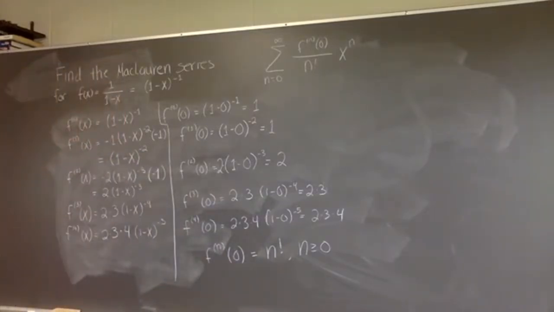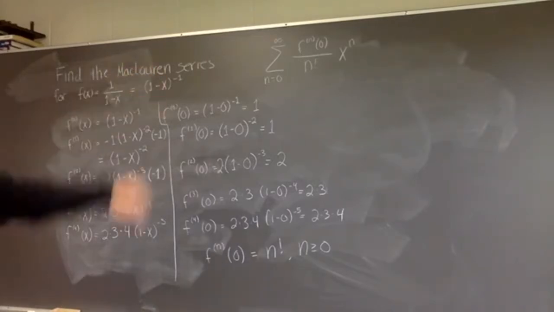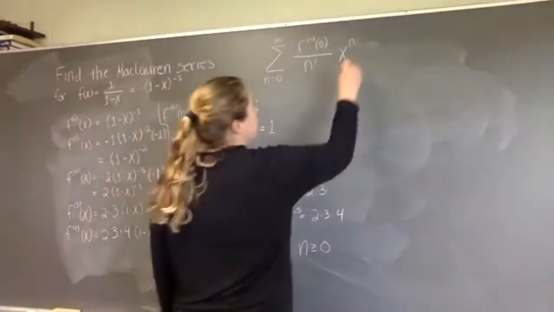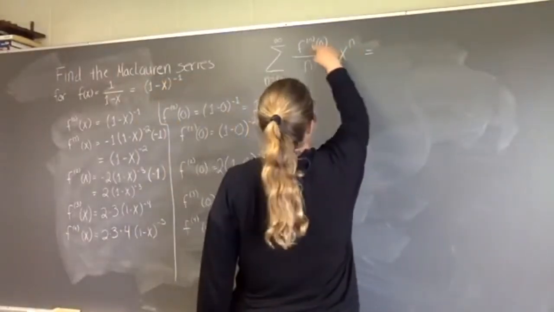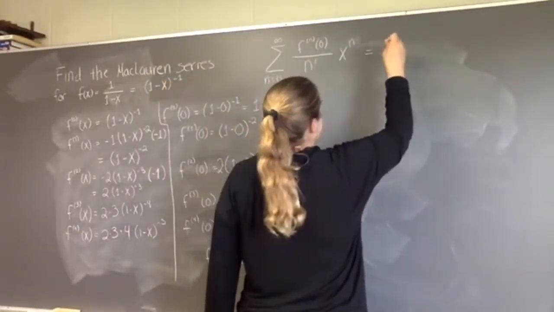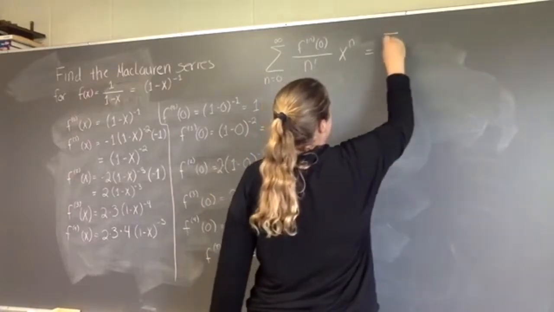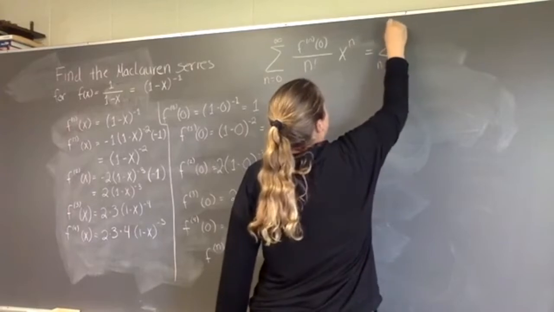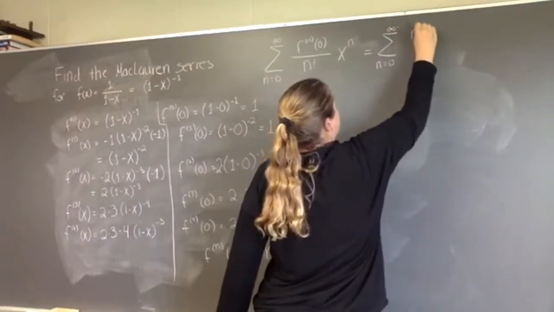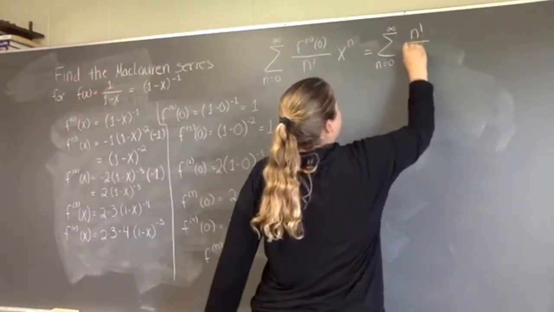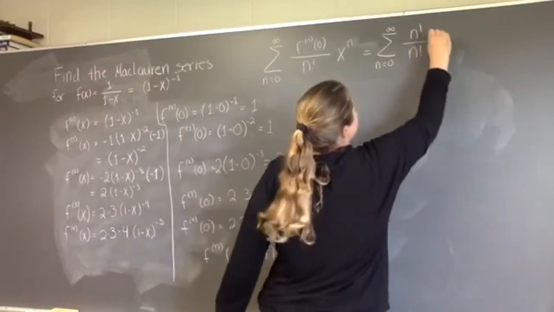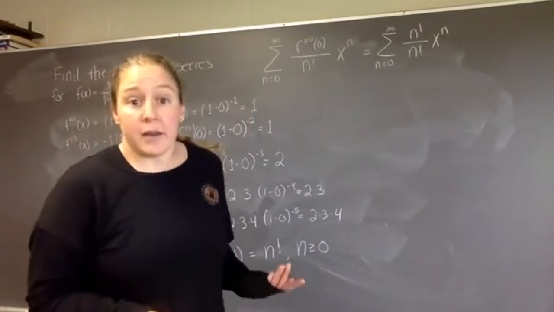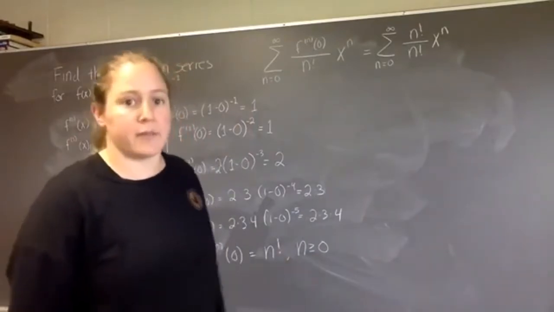So let's take this information and plug it into our formula for the Maclaurin series up here. What we found was that the nth derivative was n factorial, and that was really the hard part of this particular example. Because we have an n factorial on the bottom, we found out that the top is also n factorial.